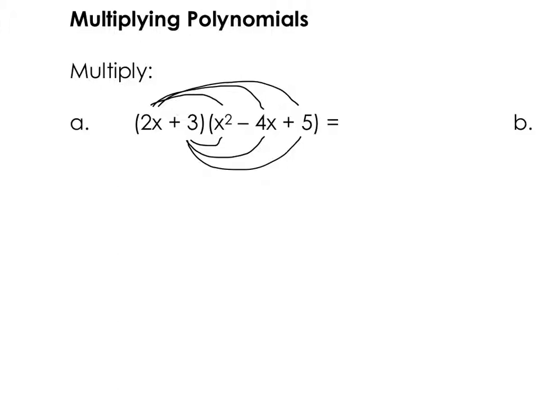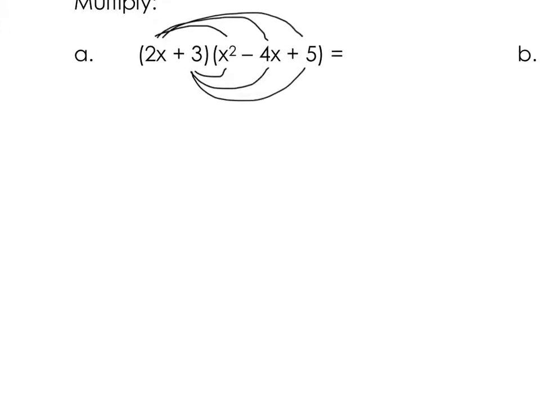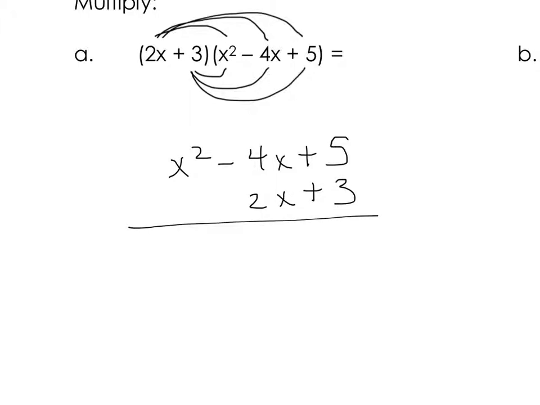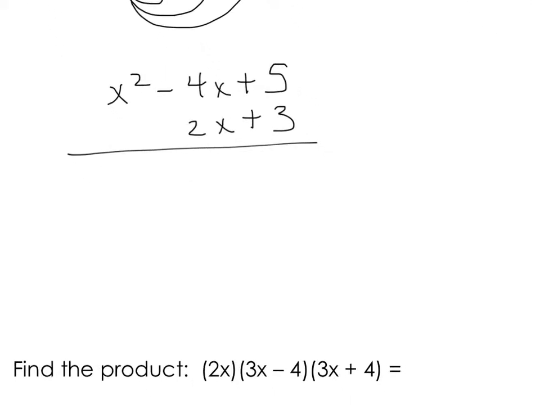I call this the spaghetti method because it looks like spaghetti. I personally like to do it vertically. I take the x squared minus 4x plus 5. I like to take the one with the most terms and put it on top, the 2x plus 3 underneath it, and I like to multiply vertically.